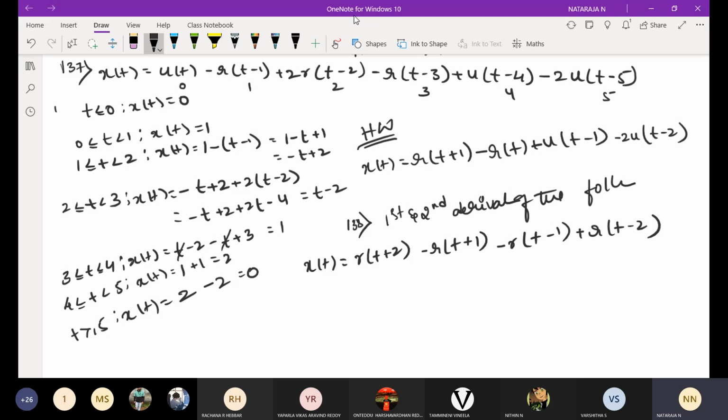You have to find both the first and second derivative of the following signal. They had given x of t is equal to r of t.